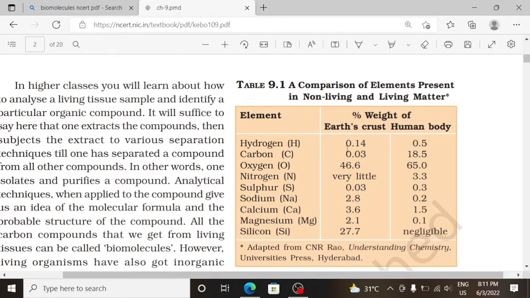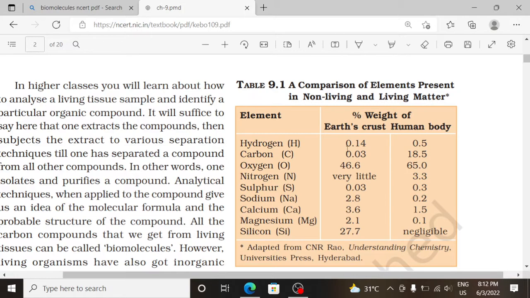I'll repeat it again, starting the table reading from the first row. Hydrogen in the earth's crust is 0.14%, in the human body 0.5%. Carbon in the earth's crust is 0.03%, in the human body 18.5%. Oxygen in the earth's crust is 46.6%, human body 65%.